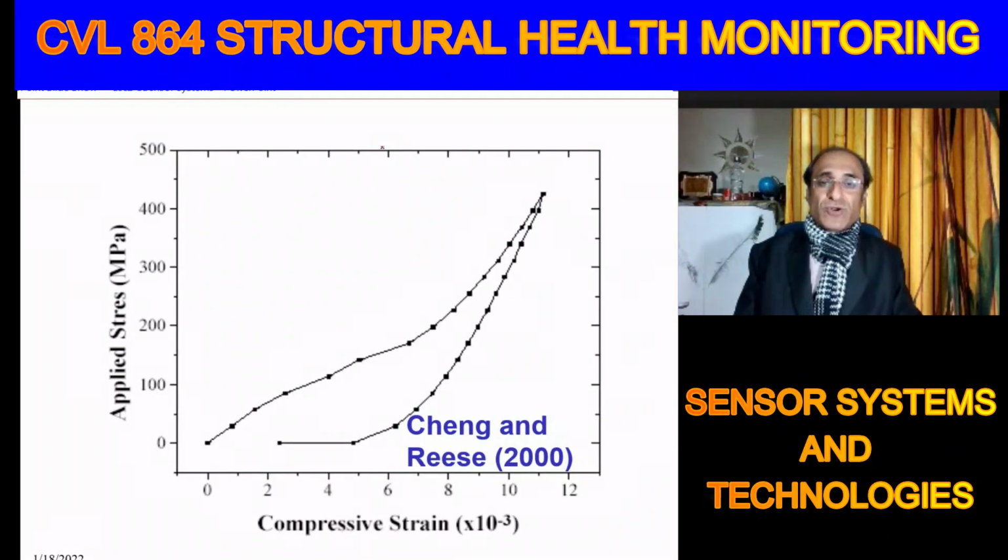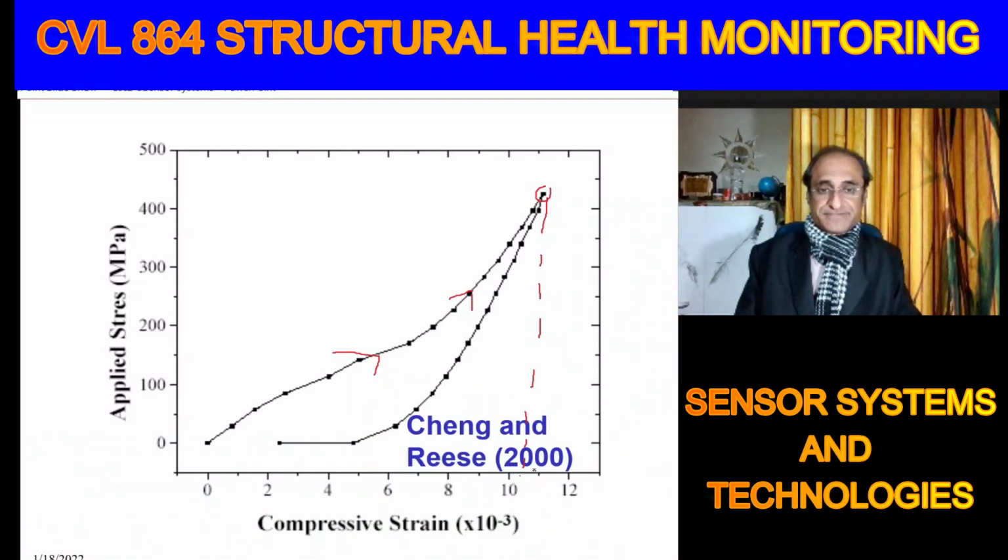Now you must be wondering how strong or how weak these materials are. That's why I have brought here the stress versus strain plot of a typical piezo material, that is being stressed in this direction and then goes to a peak. Now you notice how high the peak has gone. It has gone to a peak strain of 10 to the power minus 3.